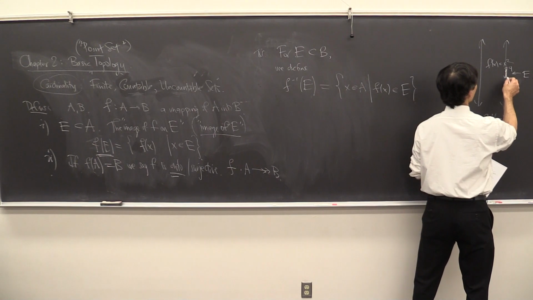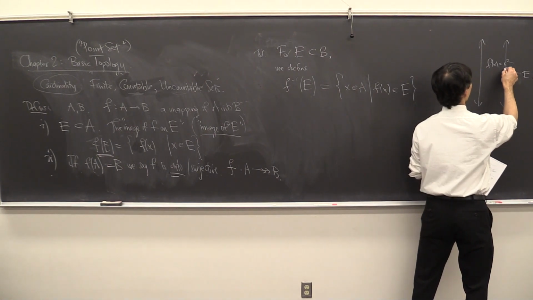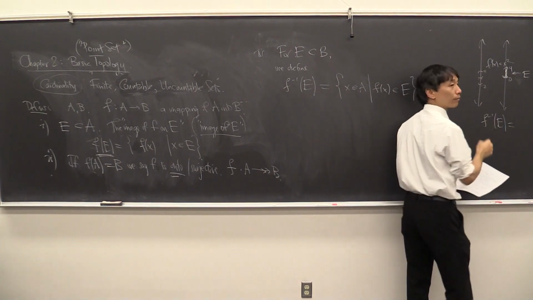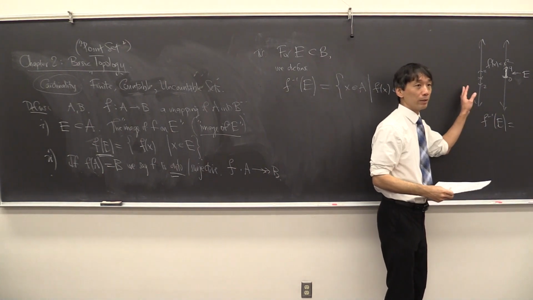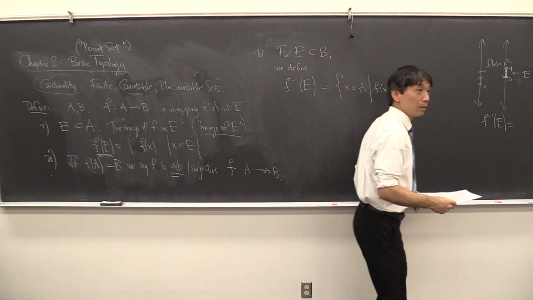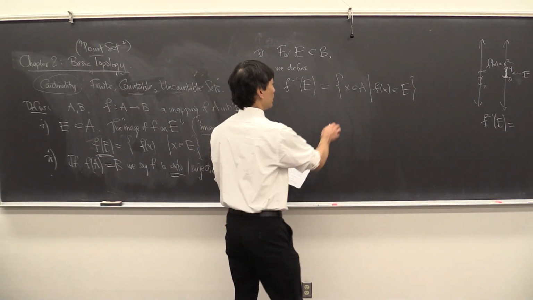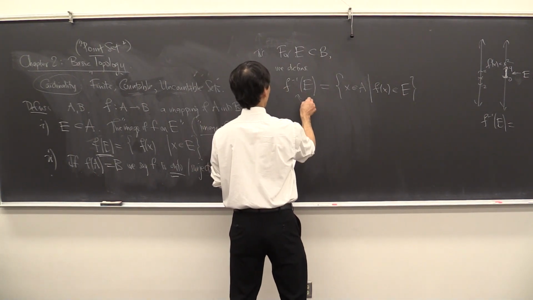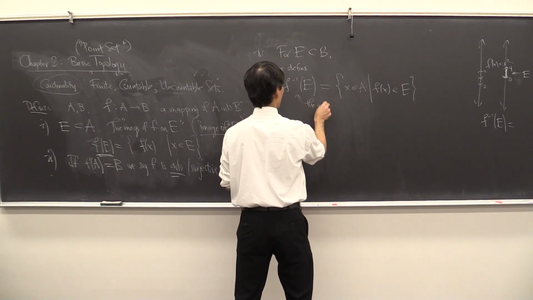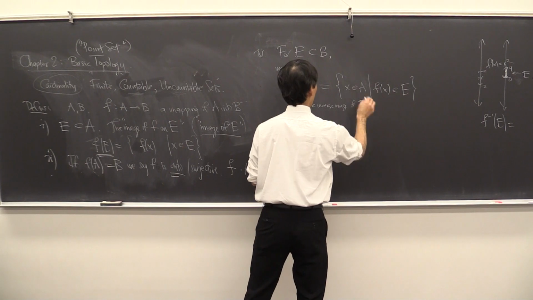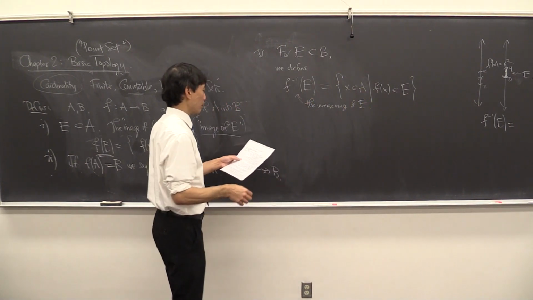So that would be everything from -2 to 2, but excluding 0. Clear? Good? Okay, and we call this thing the inverse image of E through f.